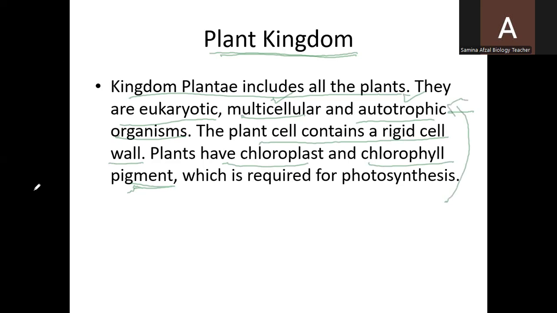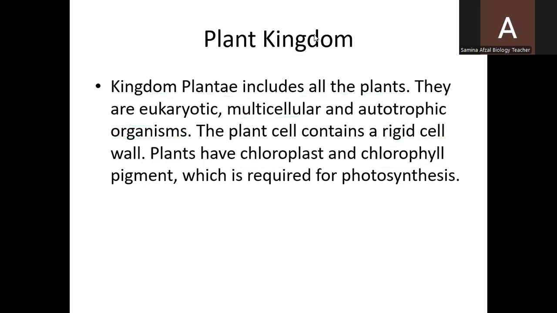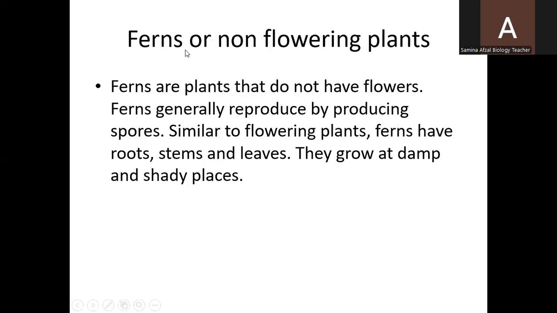Now we will discuss the different types of plants. Majorly, we will discuss only two types: plants which have flowers and plants which don't. First, we will discuss the ferns, or non-flowering plants. Ferns don't produce flowers. They generally reproduce by producing spores.